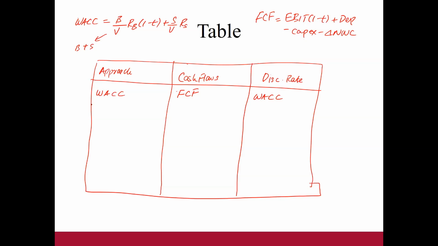We then said that the other approaches to valuation are, so the other one is flow to equity, and the flow to equity approach to valuation basically says that you don't look at all the financial cash flows. You basically take financial cash flows, but subtract from that what is going to the bondholder.